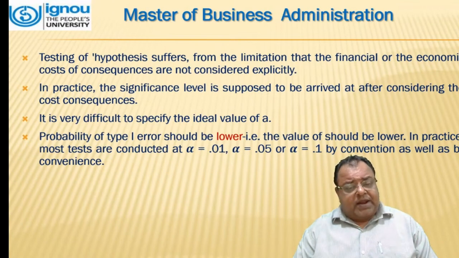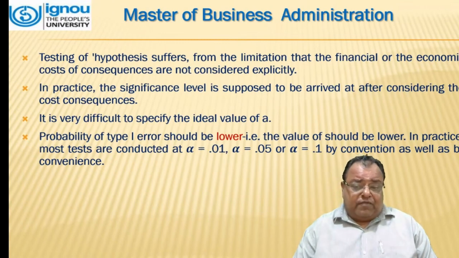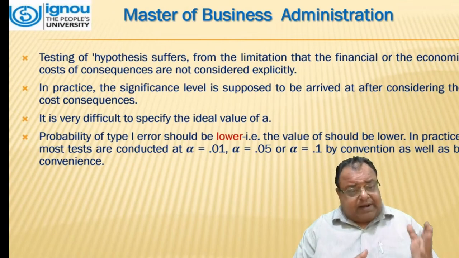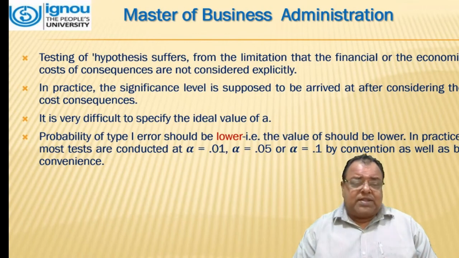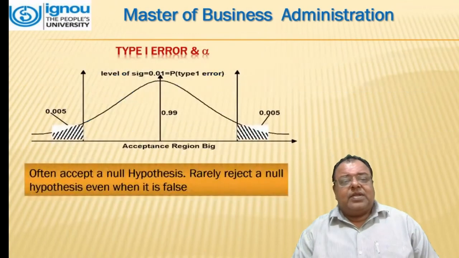Probability of type 1 error should be lower, that is, the value of alpha should be lower, and in practice most tests are conducted at alpha equal to 0.01, alpha equal to 0.05, or alpha equal to 0.1 by convention as well as by convenience.